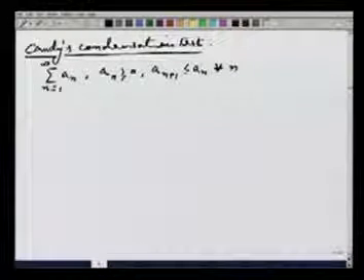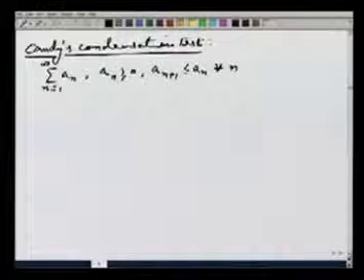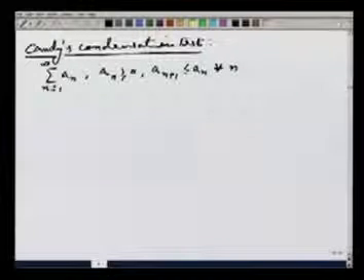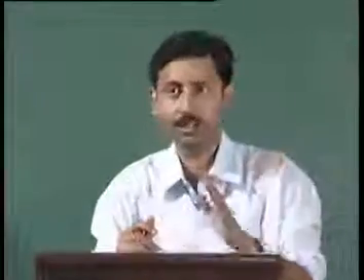Notice that these conditions are modeled after summation 1 by n to the power p. 1 by n to the power p is always non-negative if I am taking natural numbers, and as n increases for a fixed p, 1 by (n plus 1) to the power p is always less than or equal to 1 by n to the power p. So we have a sequence of numbers 1 by n to the power p which is decreasing. So we are just putting this condition here.